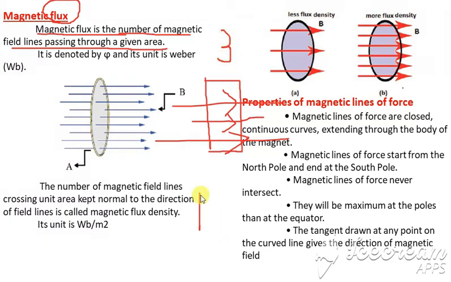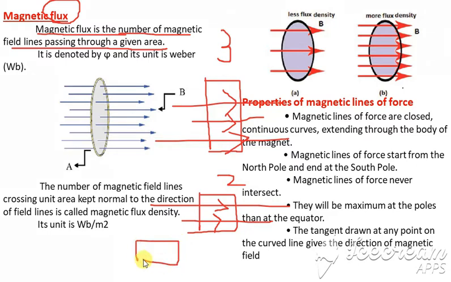In the same way, consider this area: the number of lines passing through it is 2. Considering this one, it is 1. So for any area, the number of lines over that area denotes the magnetic flux.